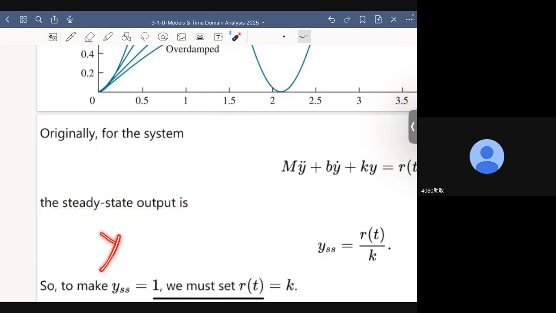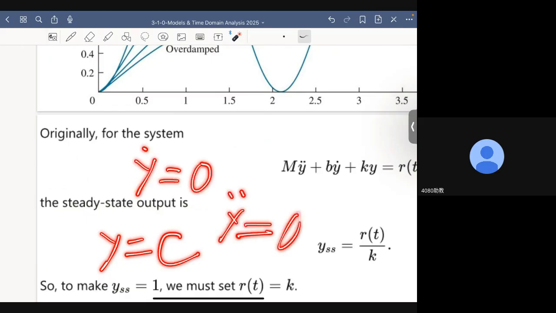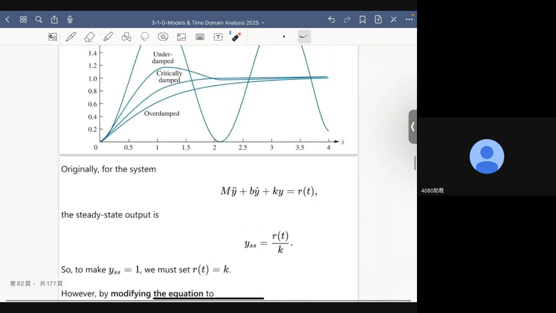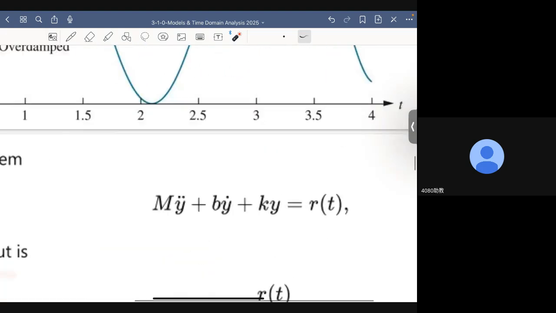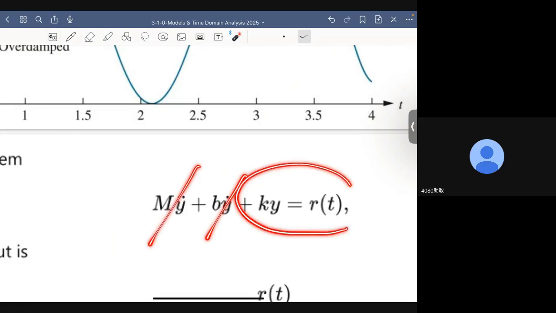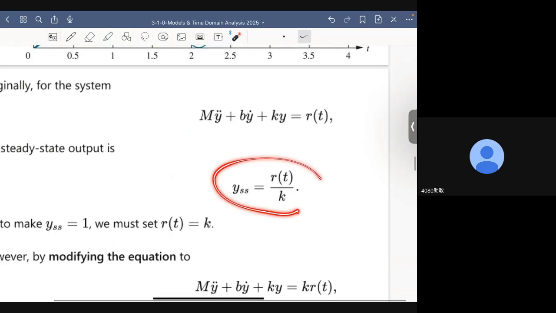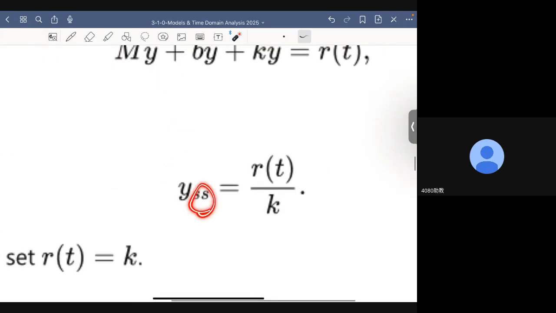If y is a constant, then y dot is 0. y double dot, of course, is also 0. So in steady state, this goes away, this goes away. What we are left with is ky equal to r. Okay, this is what we have. So this is only true for steady state. This is the reason why we have a subscript here, SS, which apparently denotes steady state.